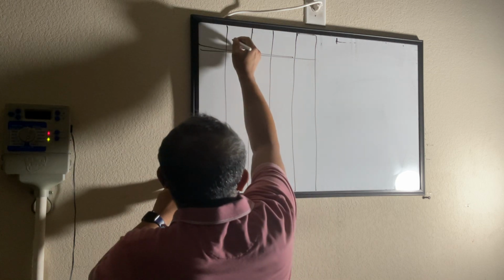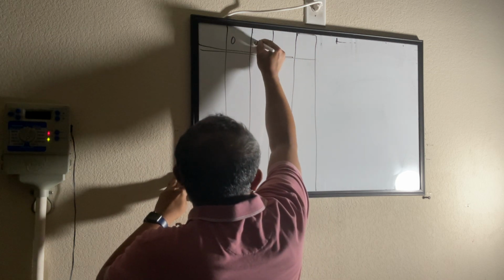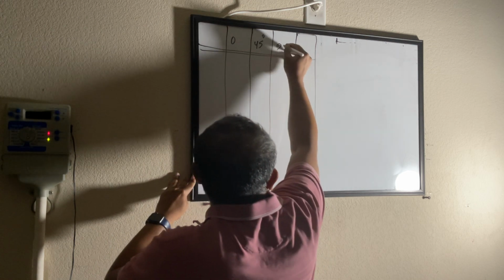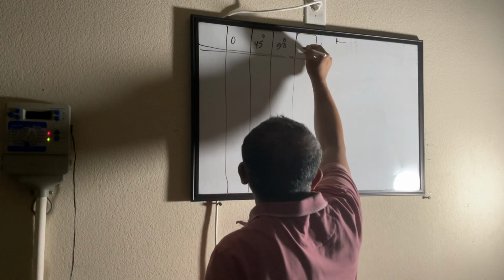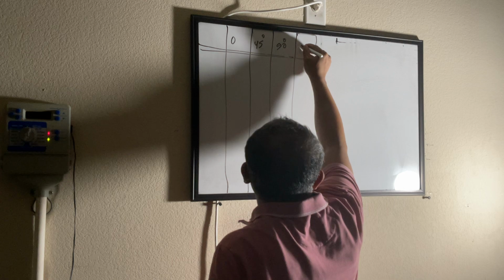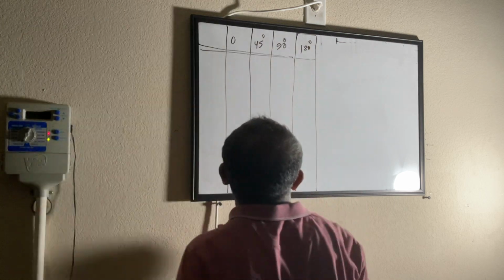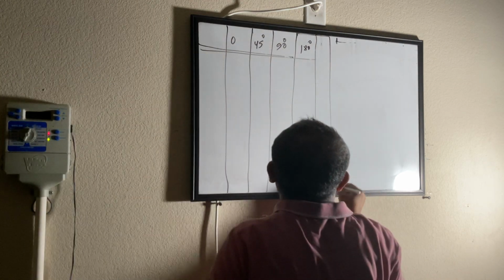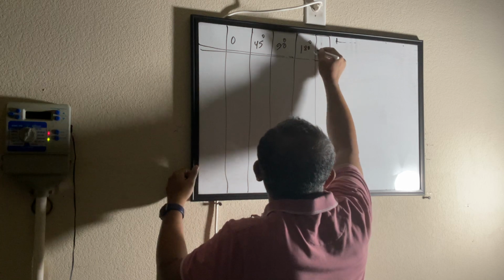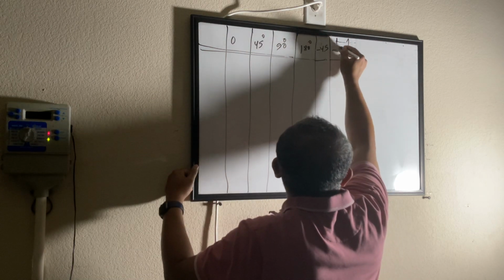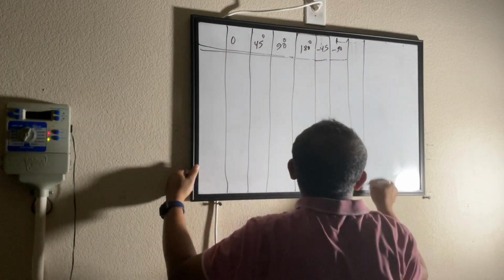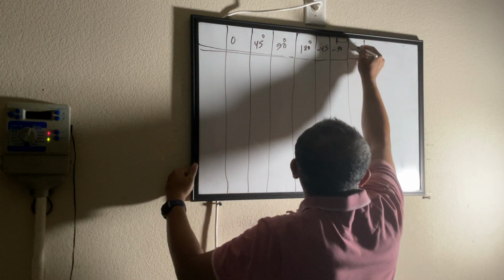I will take 0, 45, 90, and then 180, and then minus 45, minus 90, minus 180.